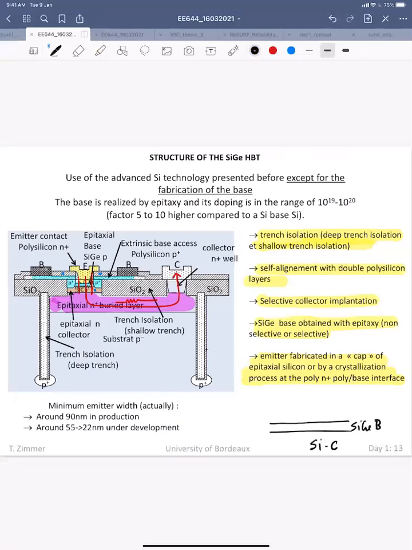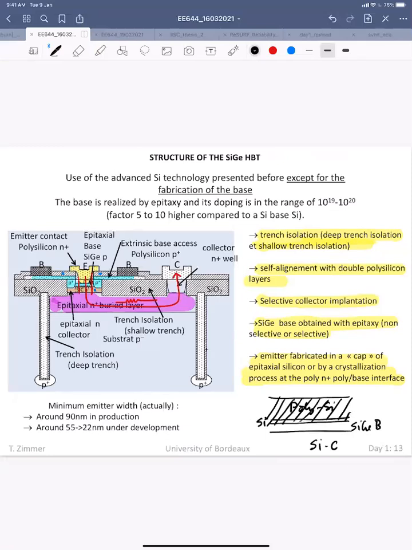Because your emitter is made of polysilicon, before you go to polysilicon, what you do is you have a very thin silicon cap, right? That is done by epitaxy. This silicon cap, the silicon emitter, and on top of that you do the polysilicon. So this whole emitter has a polycrystalline part and a single crystalline part, right?